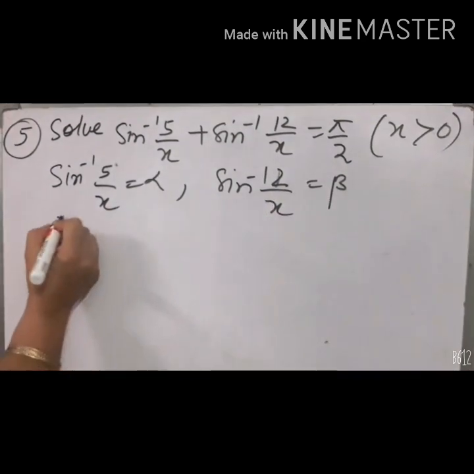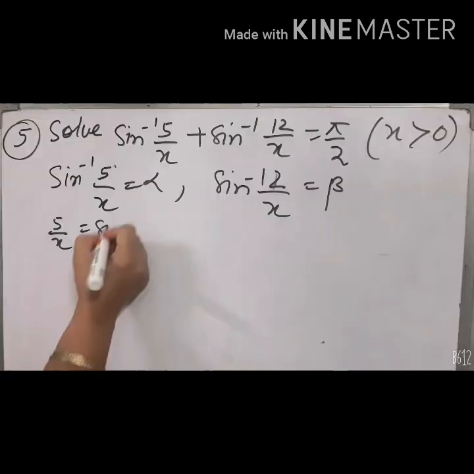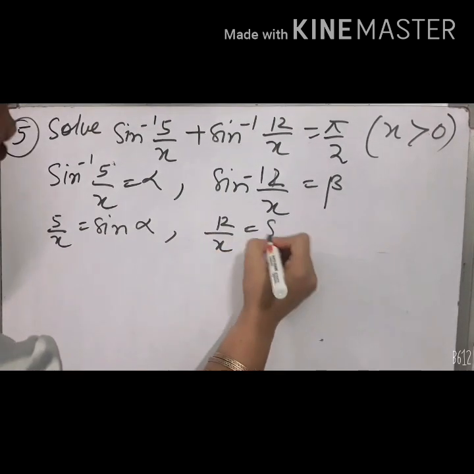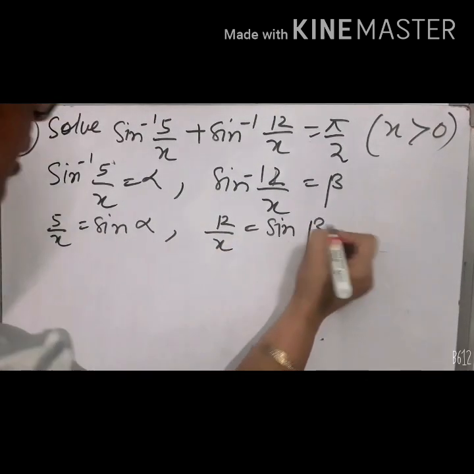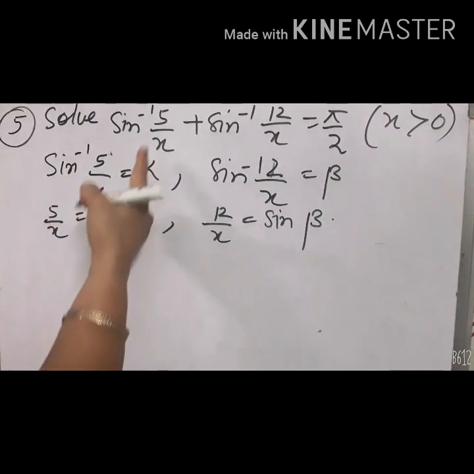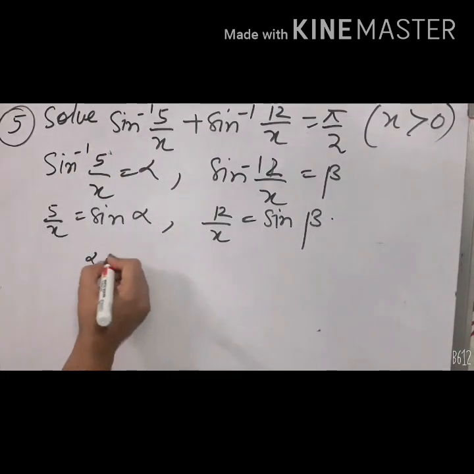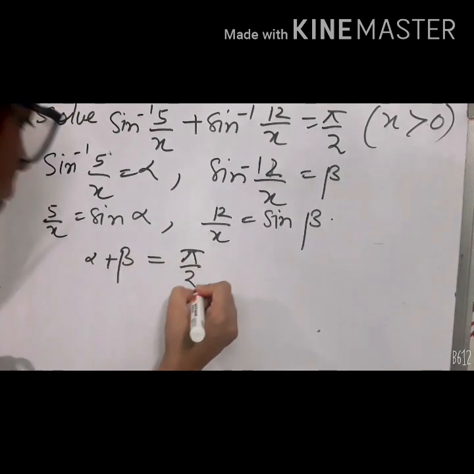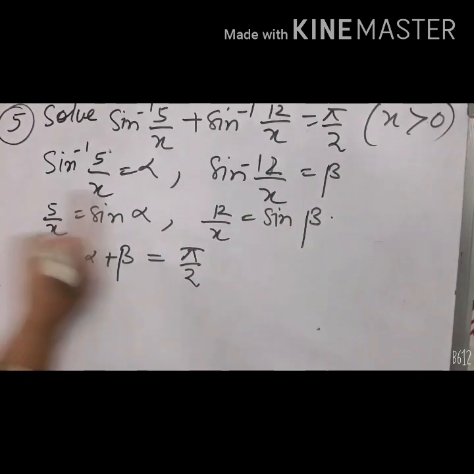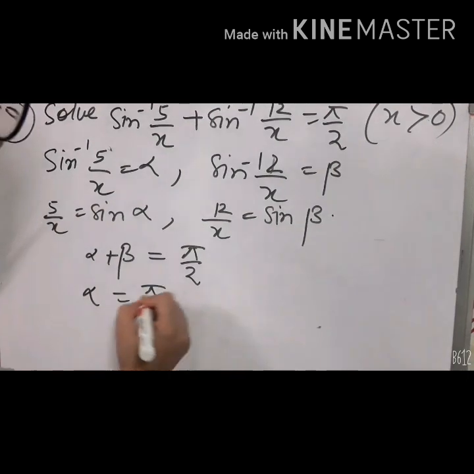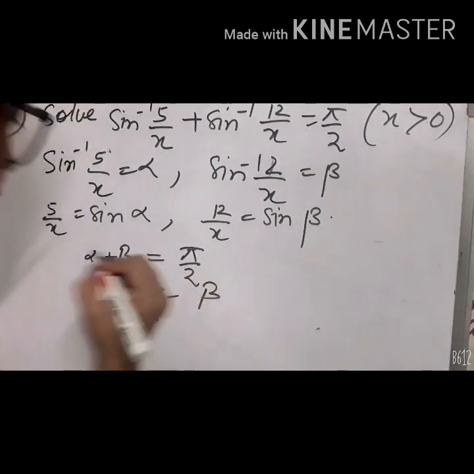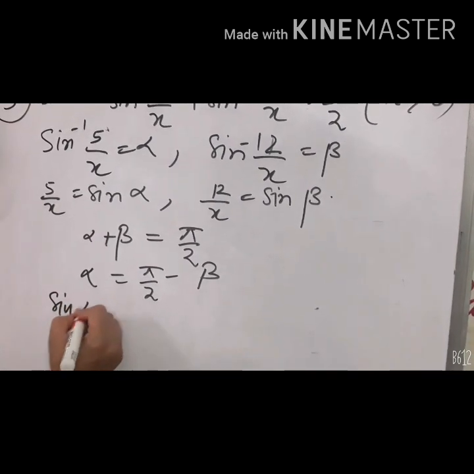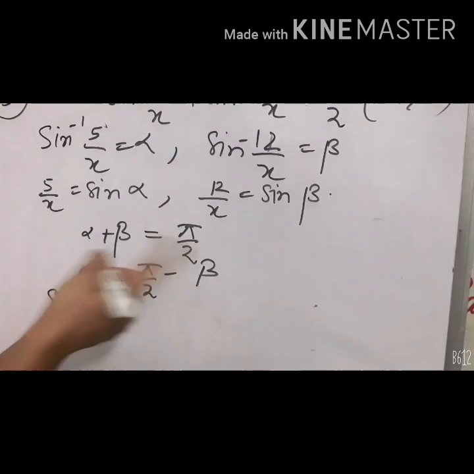Fine. Now 5 by x becomes sine alpha and 12 by x is equal to sine beta. Now what will happen? I will put the value alpha plus beta is equal to pi by 2. It becomes like this. So one thing I will shift to the other side and multiply both sides by sine.